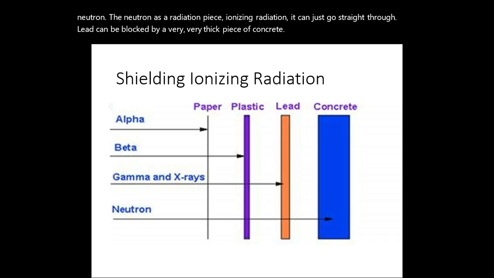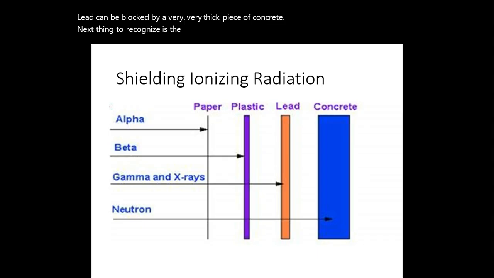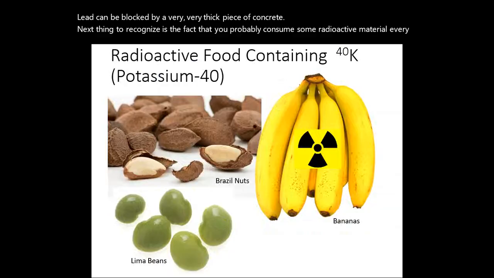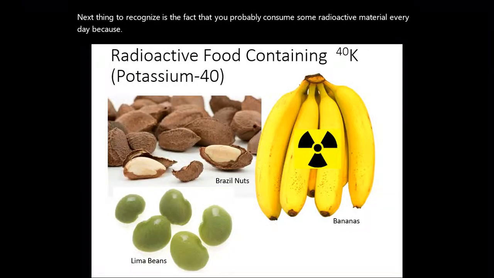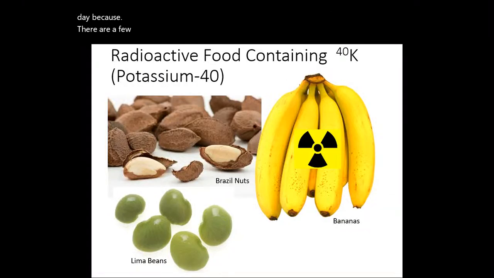Next thing to recognize is the fact that you probably consume some radioactive material every day, because there are a few common pieces of food, bananas being one of them, that have a radioactive component. That's potassium-40. It's a radioactive isotope.